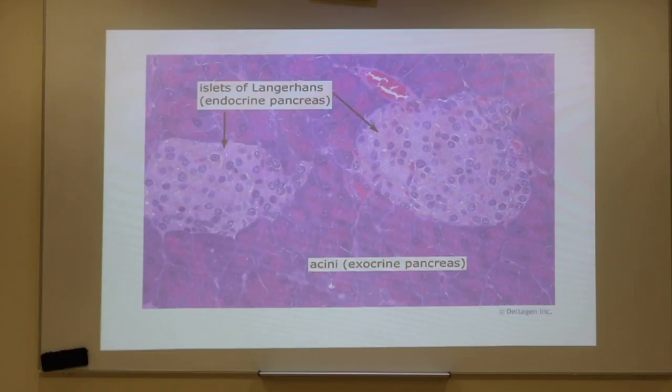So 98 to 99% of the gland is acini, and in between you would find pale staining clusters of cells, which form 1 to 2% of the gland, and they are called islets of Langerhans. These are the endocrine part of the pancreas.